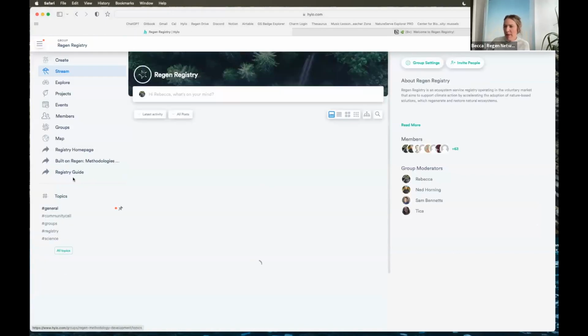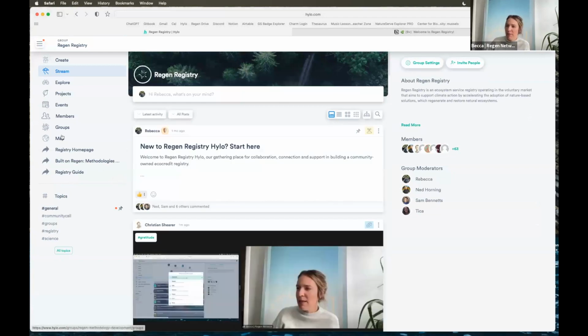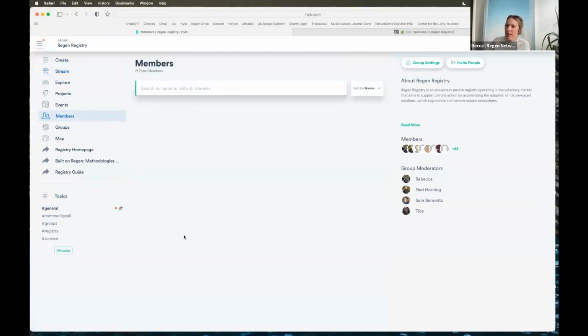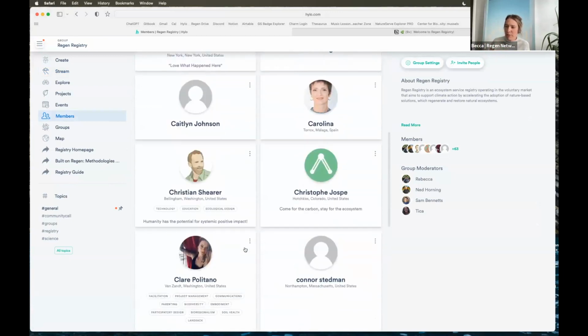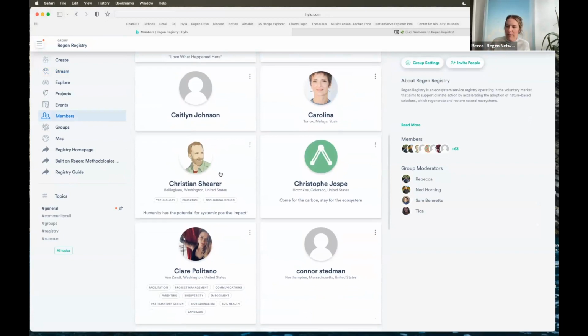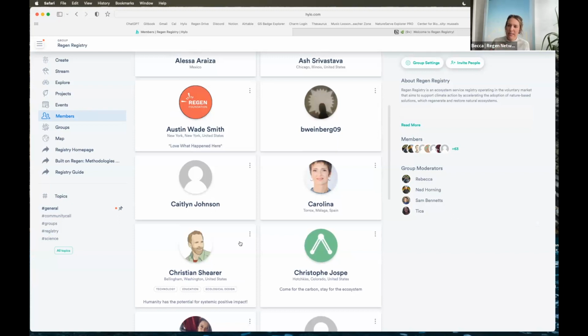As this space evolves, there will be more folks and more of an expectation of sharing skills or credentials or locations. So this will be more searchable. Christian, I'll put you on the spot. He's got some great tags set up, his location, sharing a lot more about himself.